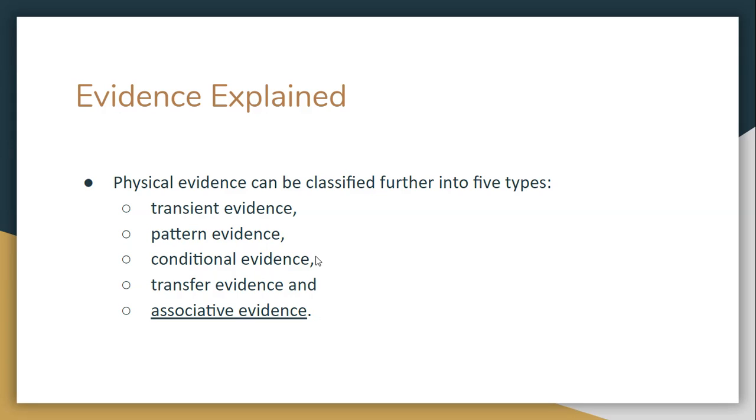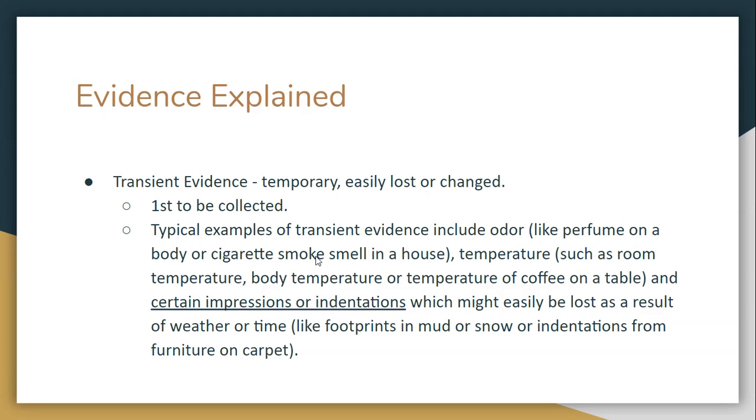Physical evidence can be broken down further to about 5 different types. There's transient evidence, pattern evidence, conditional evidence, transfer evidence, and associative evidence. The transient evidence is something that is going to be easily lost or changed because it's temporary, and it's the first type of evidence to be collected.